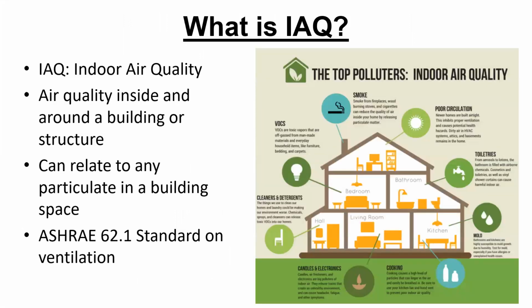Here we're talking about indoor air quality, which, especially with the current pandemic we are in, might be more relevant. Indoor air quality is concerned with the inside of the building and around the building. Air quality can relate to any particulate in a building or a space. It could come from smoke, from cleaners and detergent particles from the cleaning side, from mold, from poor circulation.